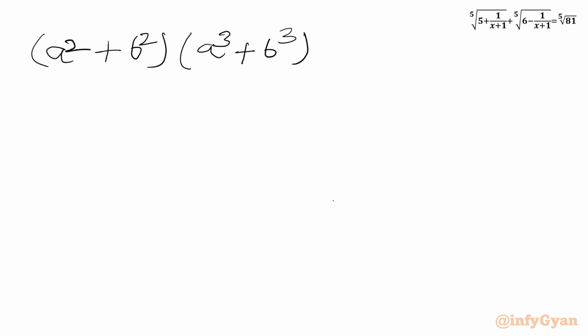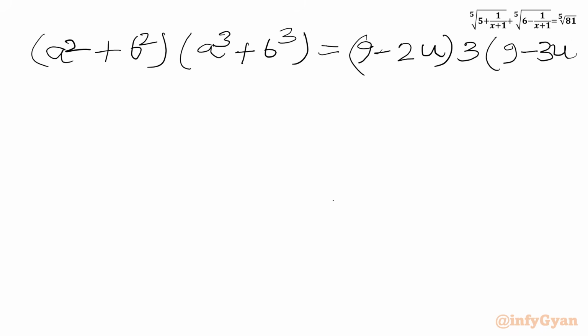Let me write here a square plus b square times a cube plus b cube equal to 9 minus 2u times 3 times 9 minus 3u.